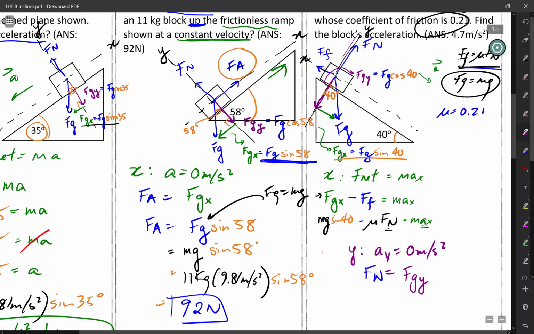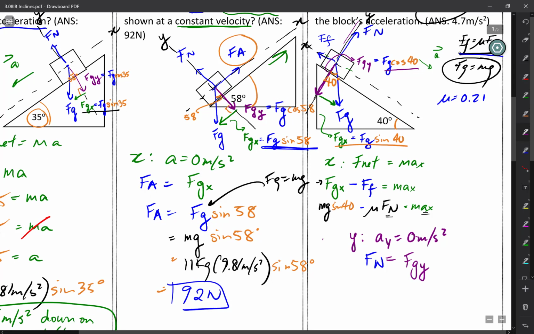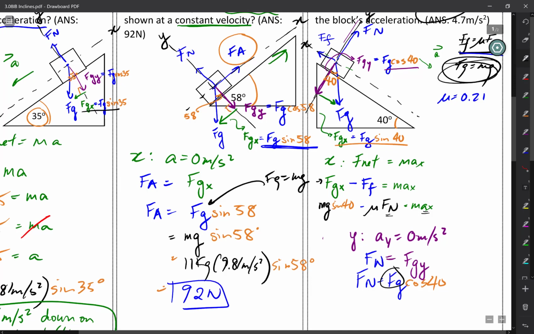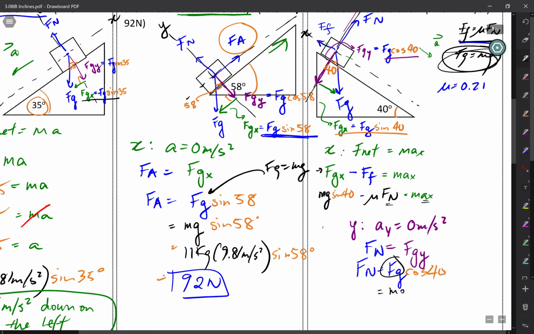So Fgy being Fg cos 40, let's write that down too. Fn is equal to Fg cosine of 40. And since this is Fg, let me substitute my mg in there as well. I get Fn equals mg cos of 40.